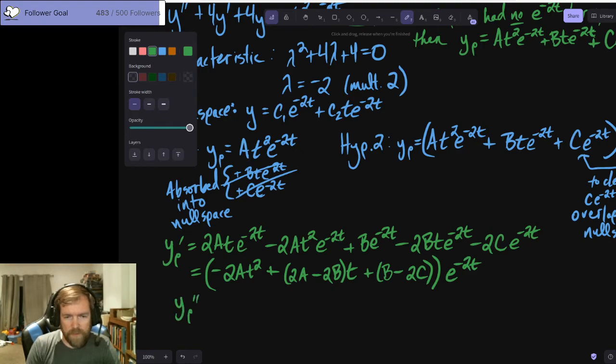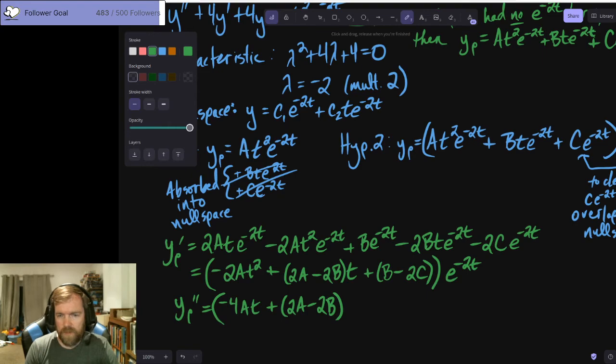All right, so y particular double prime is going to be, take the derivative of the first part, which is going to be all that stuff, negative 4at plus 2a minus 2b. Okay, and then the next one's a constant, so that goes away. All that times e to the negative 2t.